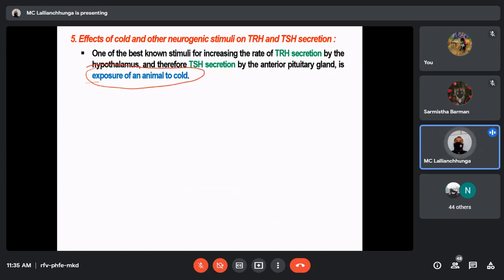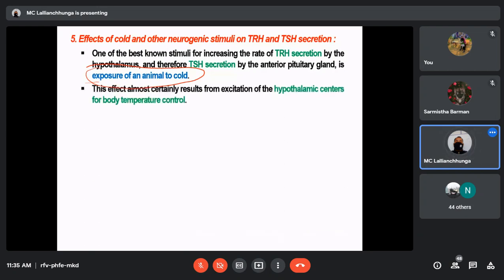That means suppose you are exposing an animal or yourself to a cold environment. There will be an increase in the TRH secretion, which will ultimately lead to increased TSH secretion. And when there is increased TSH secretion, there will be increased formation and release of T3 and T4.